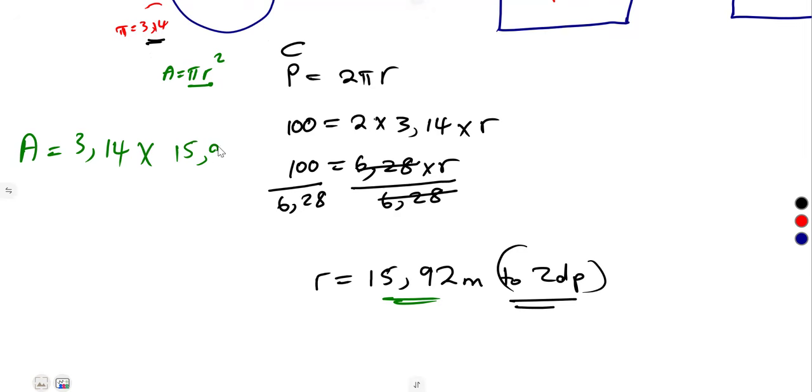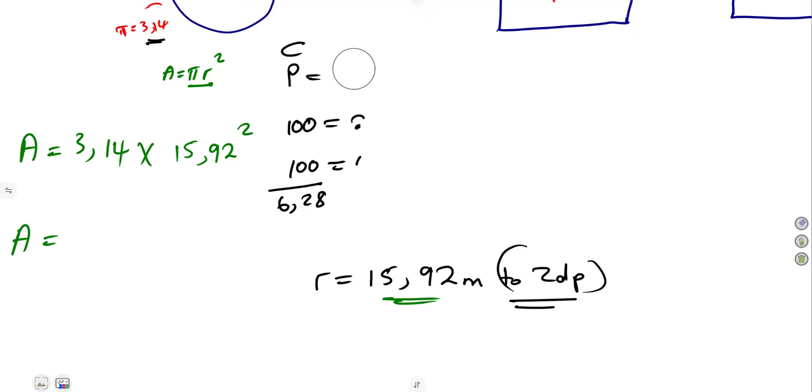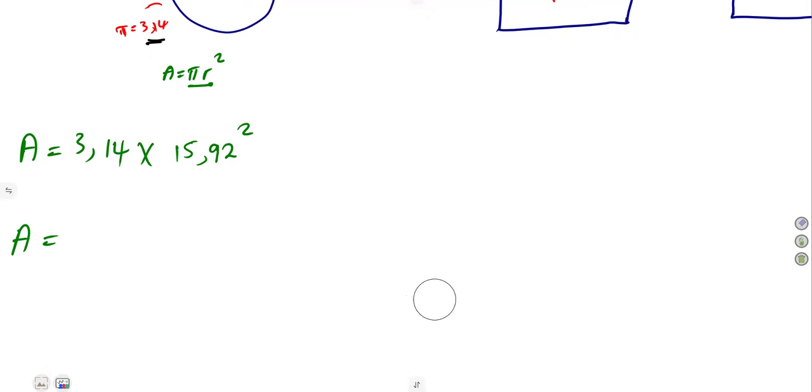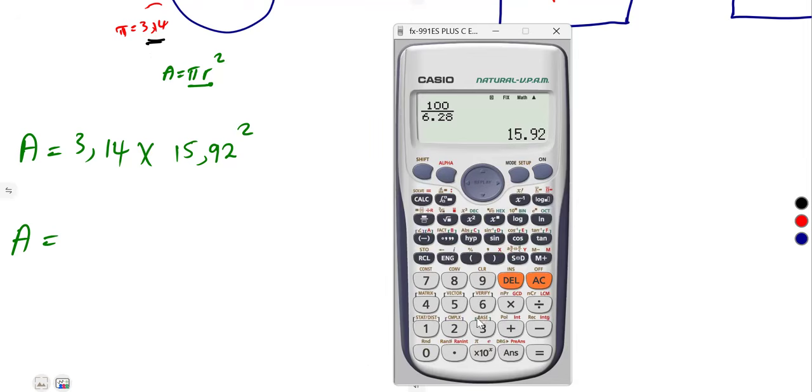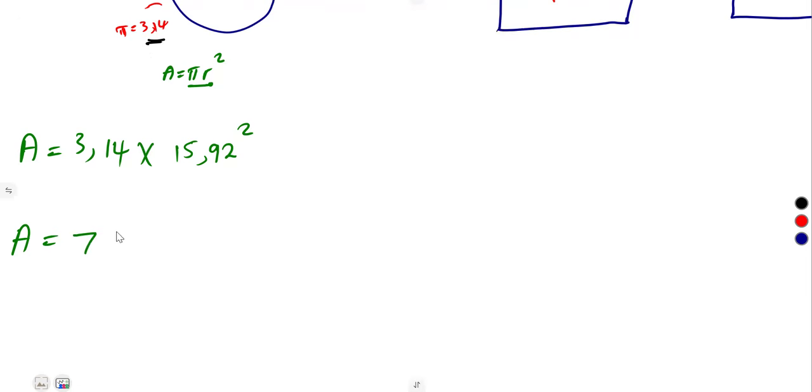So you work from the circumference, find the radius, then calculate the area. 3.14 times 15.92 squared gives us 795.82 to two decimal places.